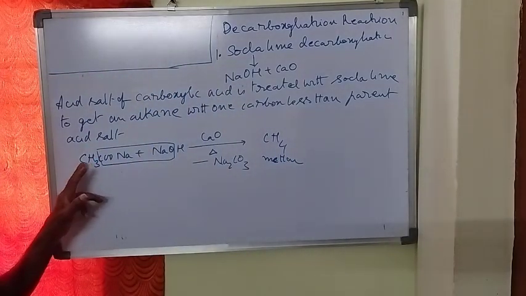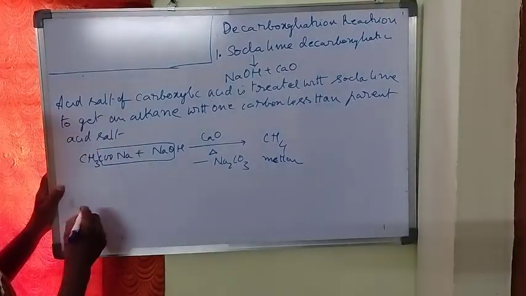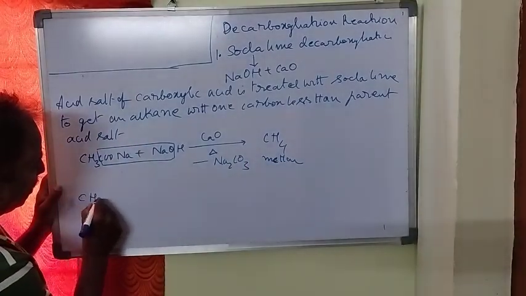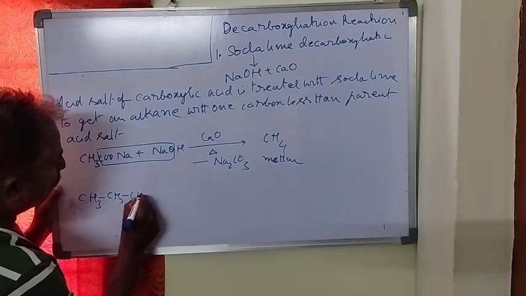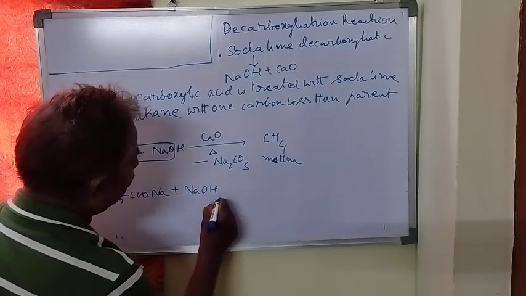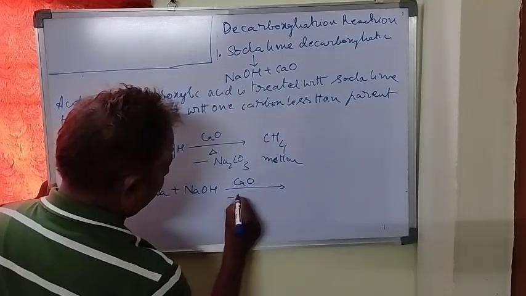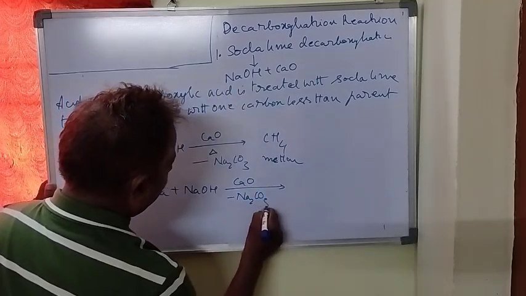See this reaction. In this acid salt, 2 carbon atoms are there, whereas here only 1 carbon atom is there. Now let us take one more example. CH3CH2COONa plus NaOH in the presence of CaO. Of course, sodium carbonate is removed.